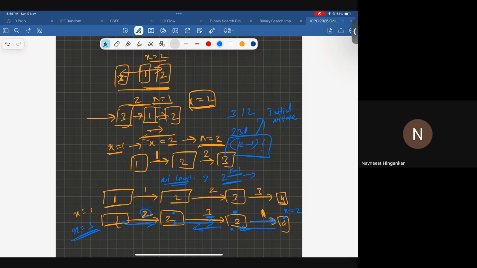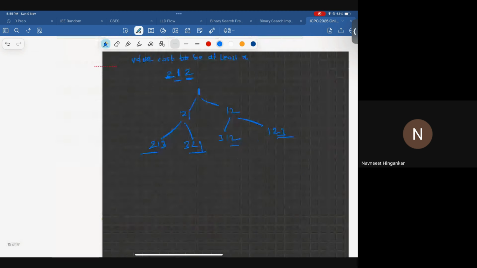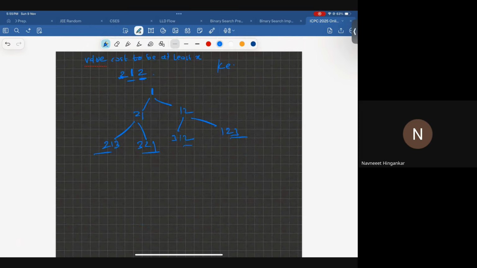What mistake am I making in the calculation? 1 2, 2 3, 3 4, 2 2 3. Okay, let's discuss this. Let's keep it on hold. Maybe I'm making some calculation mistake or assumption mistake.